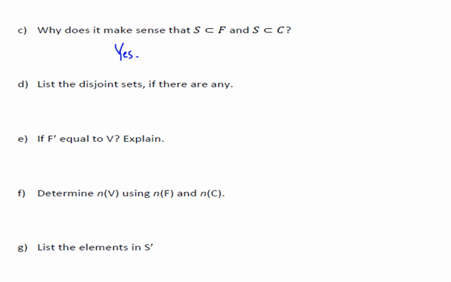Let's list some disjoint sets. Fruit and vegetables. So F and V are disjoint. Who else is disjoint? S and V. S is a subset of F, so it's simpler if you just said F. But it's still its own set.